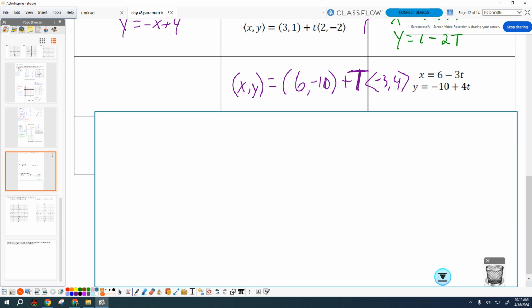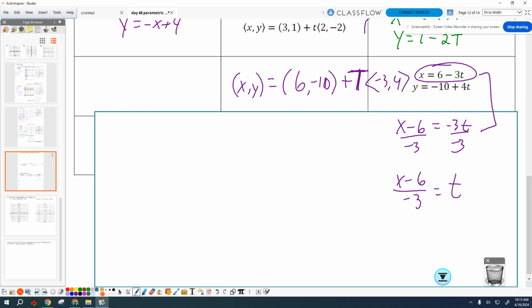Mia, how am I gonna take either one of these things and get the rectangular? X minus 6, and she said divide all of that by negative 3. Oh, that's dicey, but okay. We solve for t. Serene, what do I do with it now?